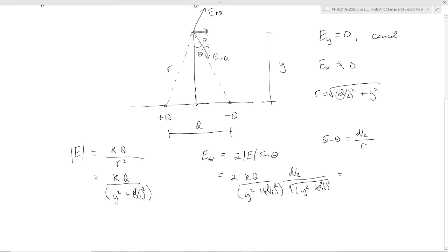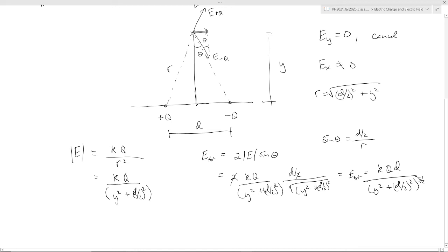We'll combine these denominators, and we can cancel out this 2. And we end up with this: kq d over y squared plus d over 2 squared, to the 3/2.